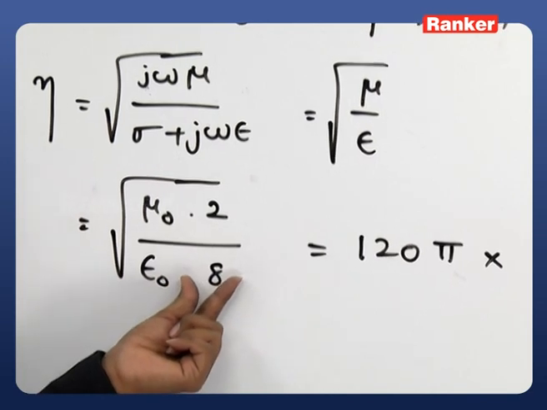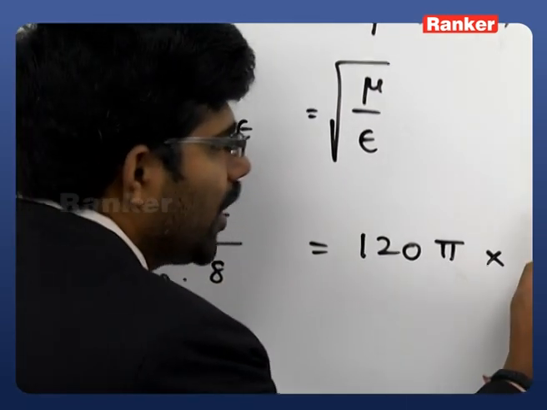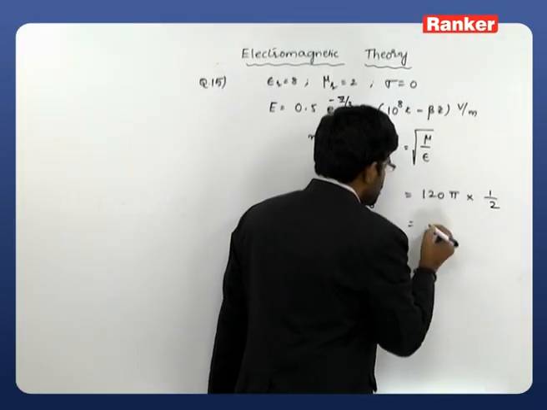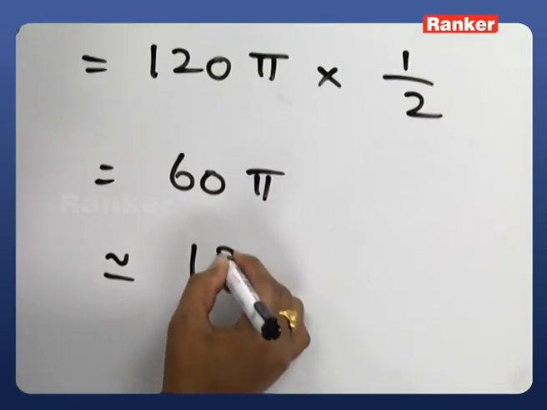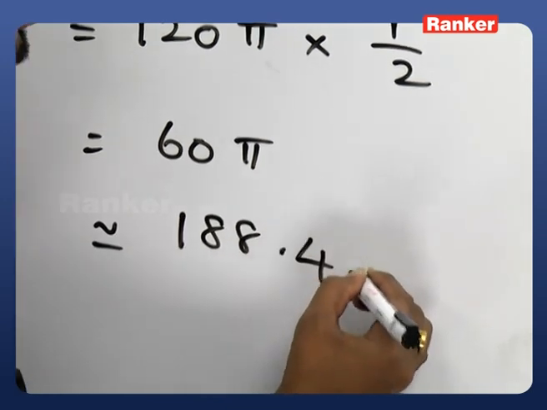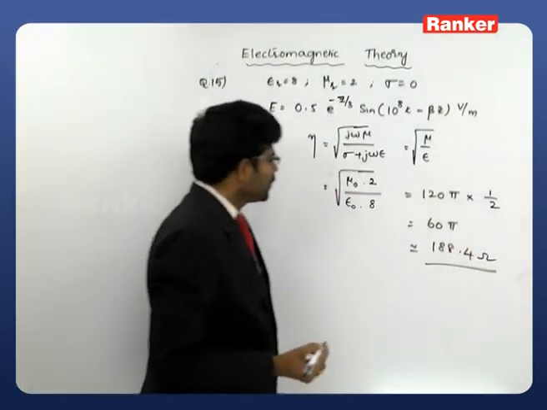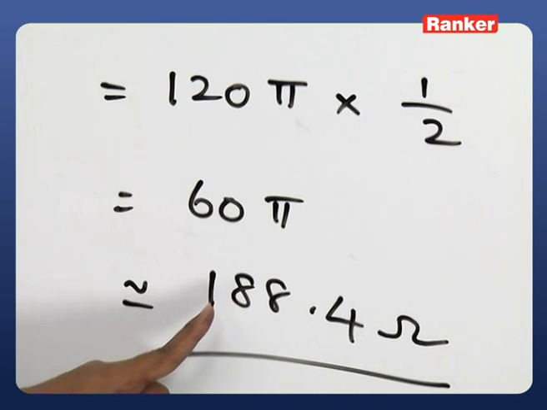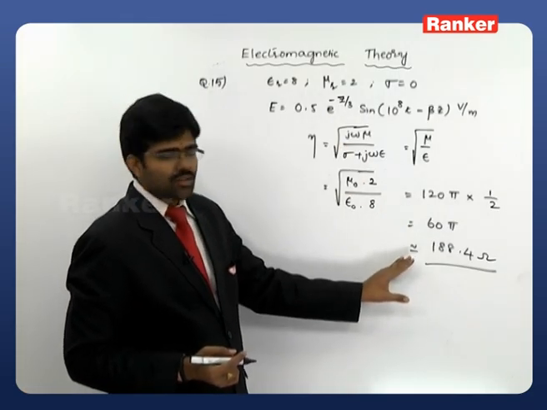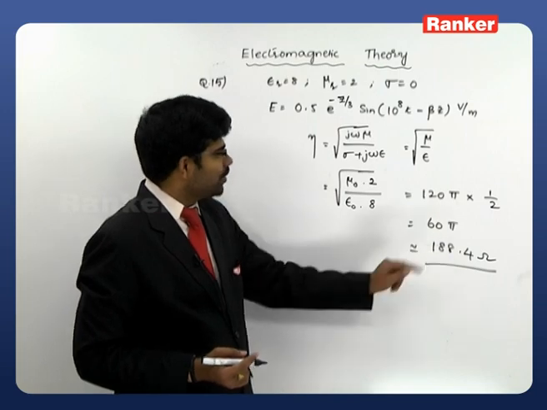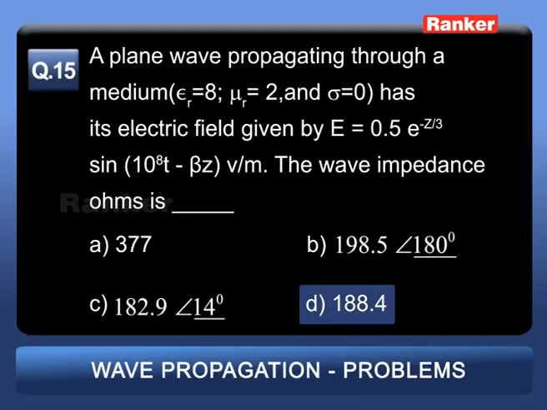So 1 by 4 in square root is equal to 1 by 2. So it is simply 60 pi, approximately equal to 188.4 ohms. So the wave impedance for a given particular medium can be calculated in the easiest way like this. This answer is available in option D. So option D is right for this particular problem.